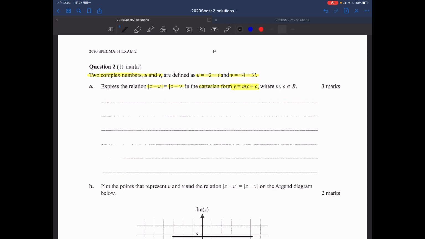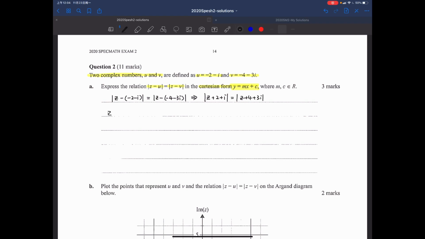Here come my solutions. So the first line is the absolute value of z minus u, which is z minus (-2 minus i), equal to the absolute value of z minus (-4 minus 3i). And you should get absolute value of z plus 2 plus i equal to absolute value of z plus 4 plus 3i.